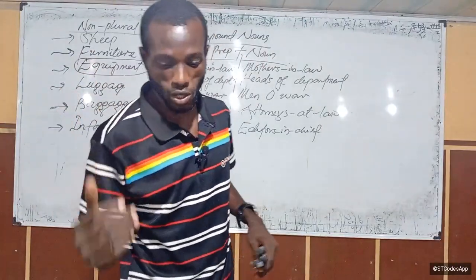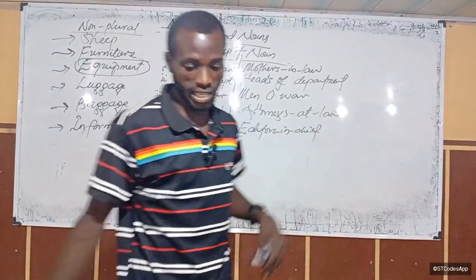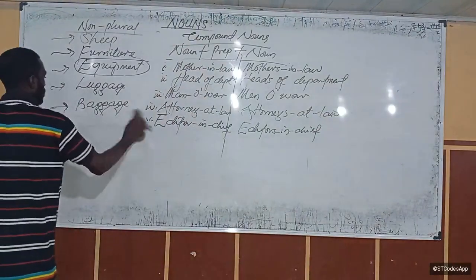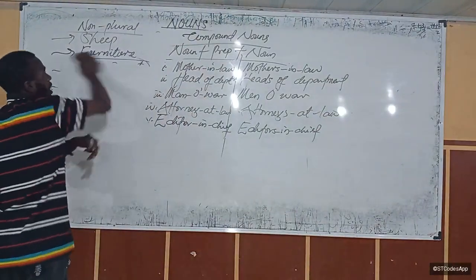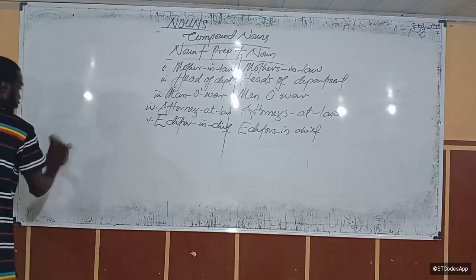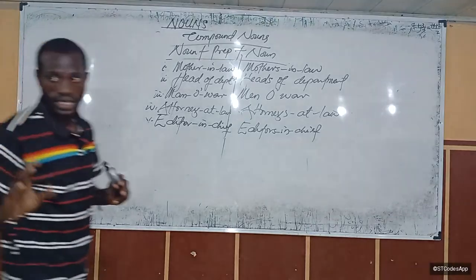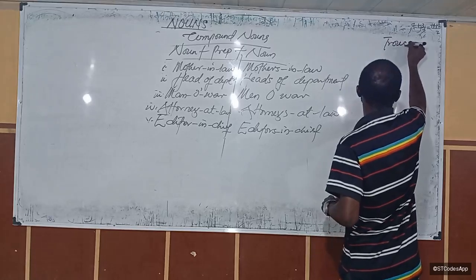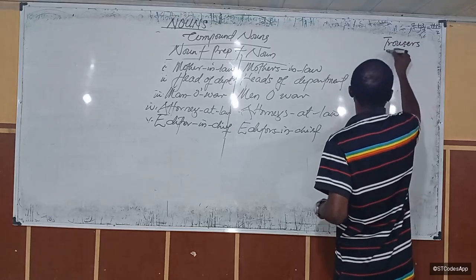Let's proceed to what if it was noun plus adjectives. All right. Now let's take nouns plus adjectives. Oh, I also forgot to tell you there are some words that exist in plural forms, that their natural form is plural. E.g., we have trousers. Is that okay?